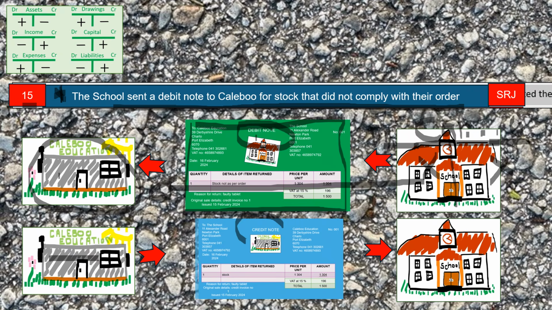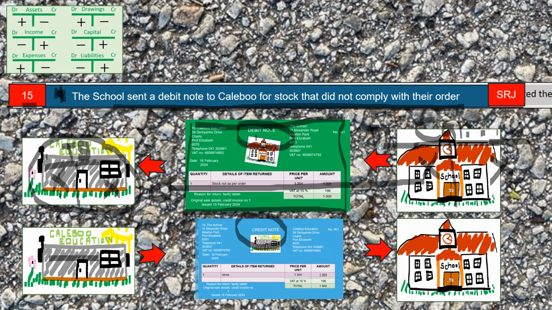So we are going to give them a credit, because in our books the school, right, is an asset. Accounts receivable, so you have to know prior work to understand this. The school, which is a debtor, is an asset. It has a debit balance, but we are going to give them a credit to the value of their claim.